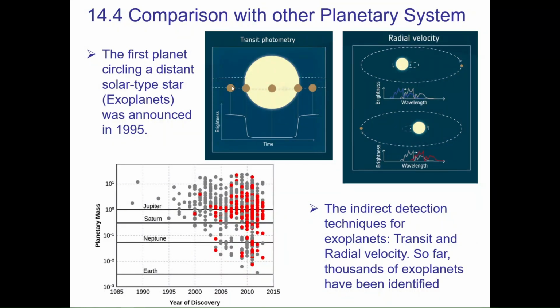Even though the exoplanet is small and faint, it can reflect some light from the star, though we cannot really see it directly. When the star and exoplanet are not overlapping, the total brightness you observe is the brightness of the star plus the brightness of the exoplanet.